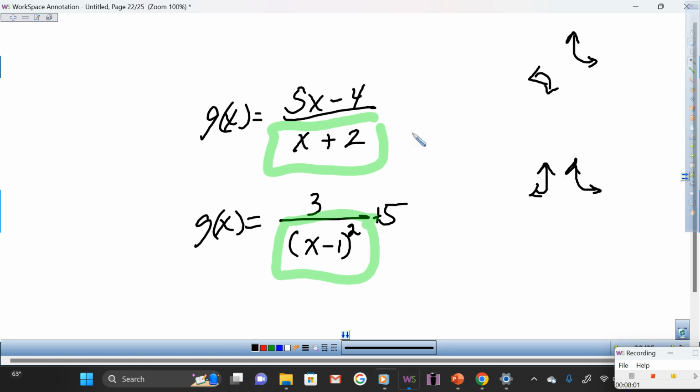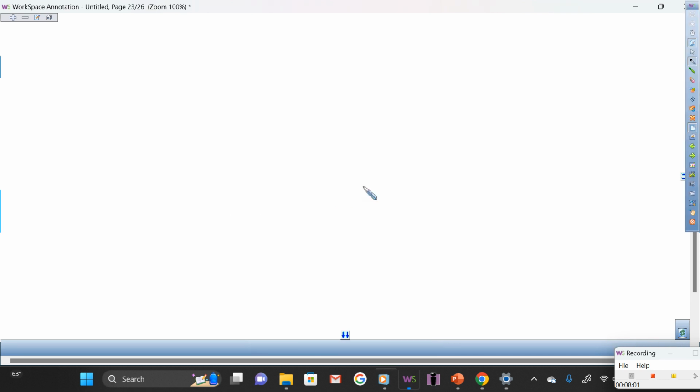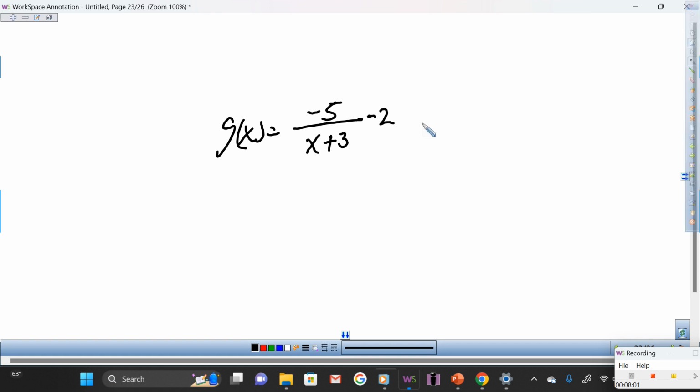Once again, for this one, the parent function is f(x) = 1/x. What is the parent function for that one? f(x) = 1/x squared. We're just clarifying what the graph looks like. So, with that said, look at this one: g(x) = -5/(x + 3) - 2.